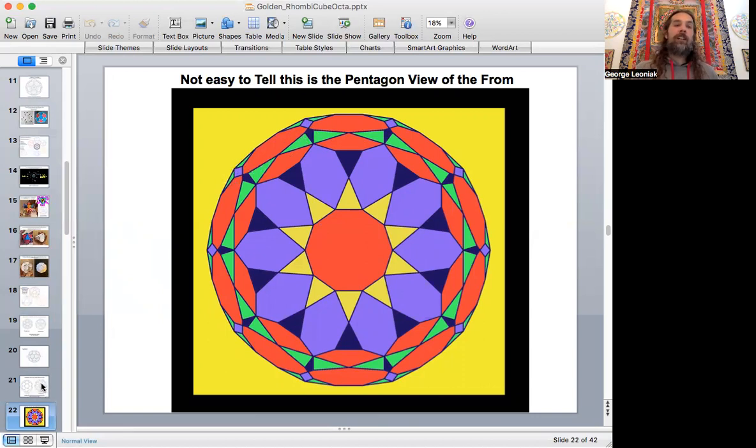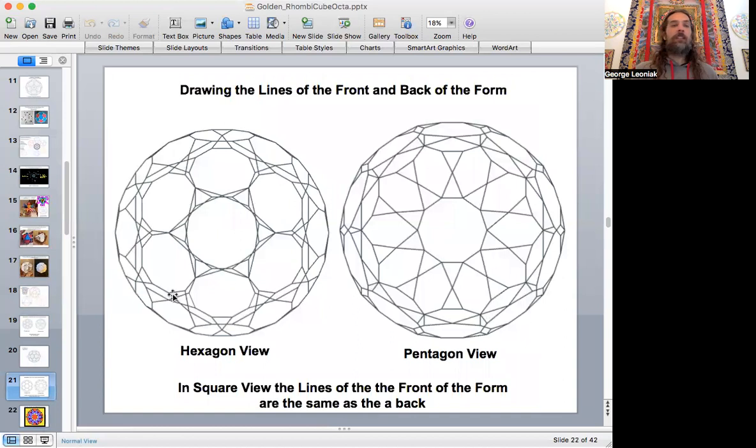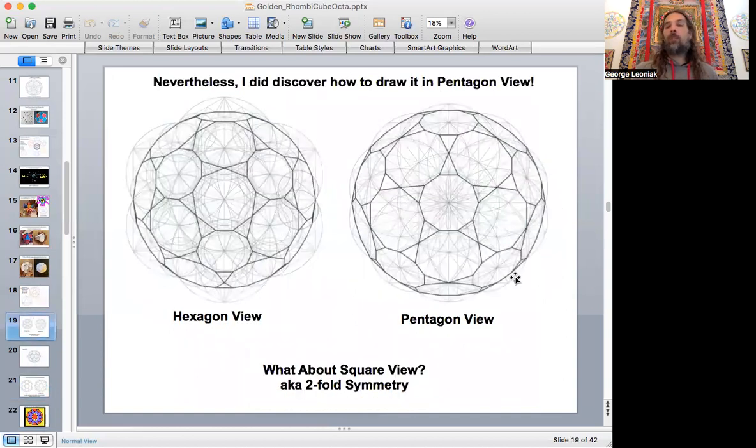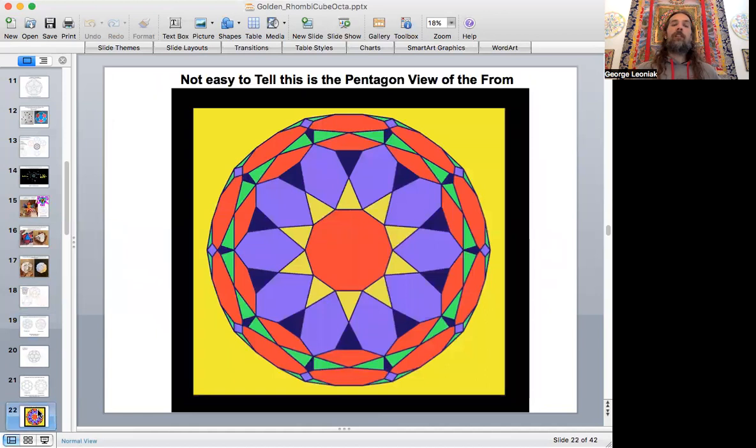Well, that is this one colored in, right? And that, of course, is back to this one here. So it's nice to see it with the front and the back lines because it really takes on a very creative artistic representation. And I believe that this one is fairly easy to draw.